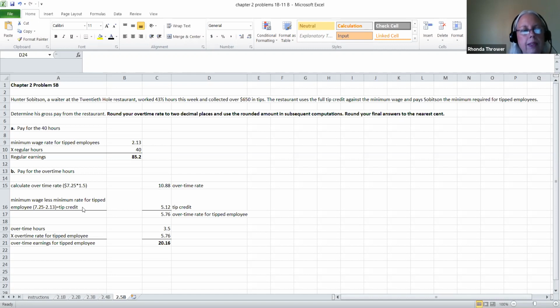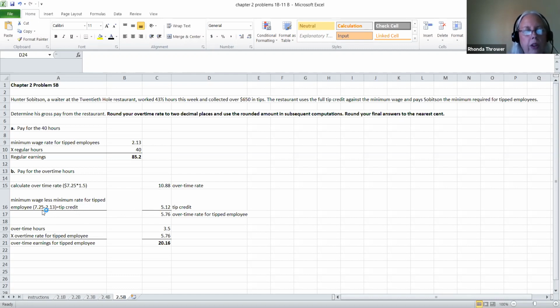But since this is a tipped employee, the minimum wage less the minimum rate paid for the tipped employee would equal the tip credit that would be given to the employer.